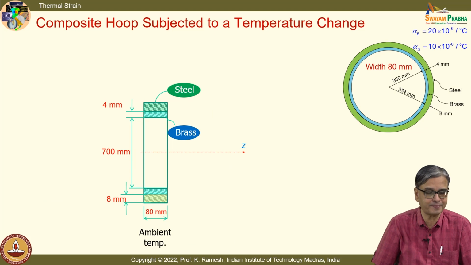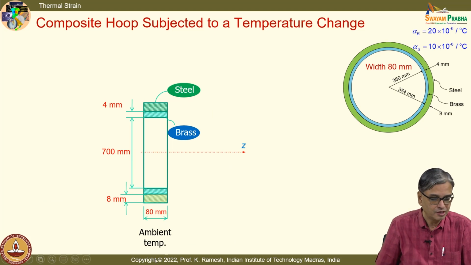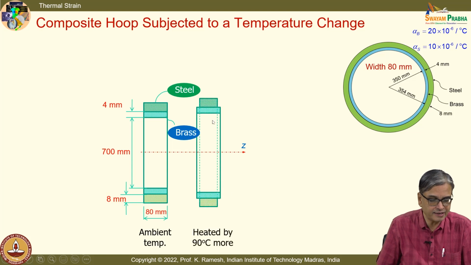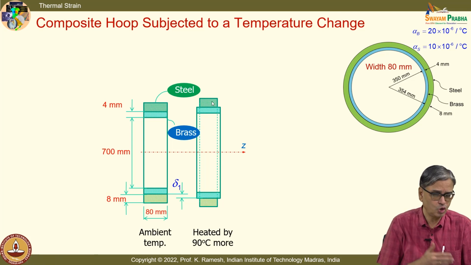How do you bring in the geometric compatibility? You have the basic dimensions given, and when this is heated, what do you anticipate? I anticipate the diameter to change, and you also imagine that these surfaces are ultra smooth, so that there is no friction and it allows free expansion of brass, and you have steel that has not expanded that much because of the lower value of coefficient of expansion.